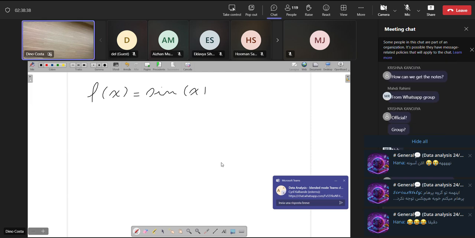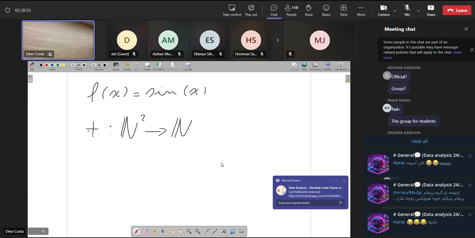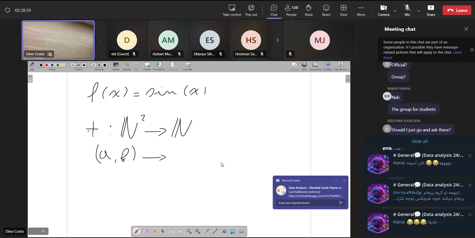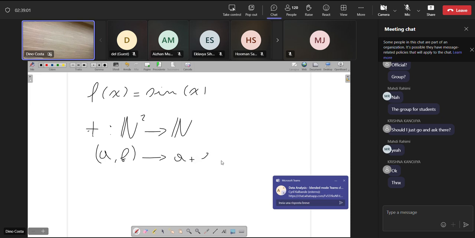So in the setting of elementary school natural numbers, we have a function, the function sum, defined from N squared to N, in the sense that we have a, b natural numbers and we have a plus b as the resulting element. So this is a function.